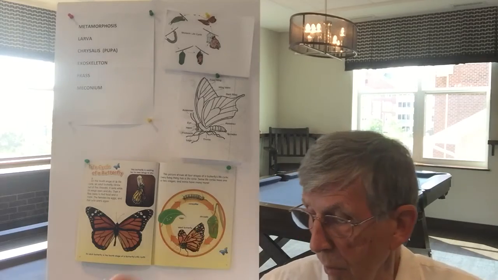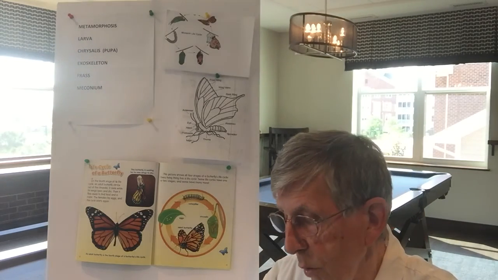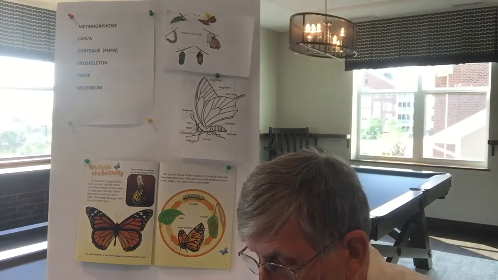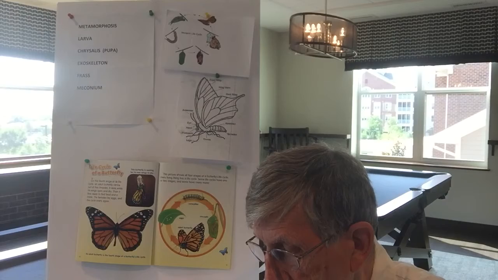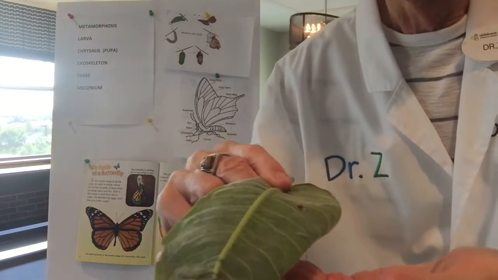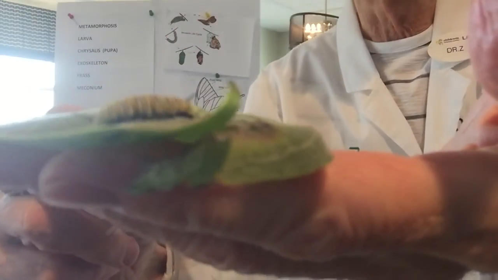So this little guy, and I'll leave you with another view of this little guy. If we're lucky, in a few days, we're going to see our little friend here. There he is.